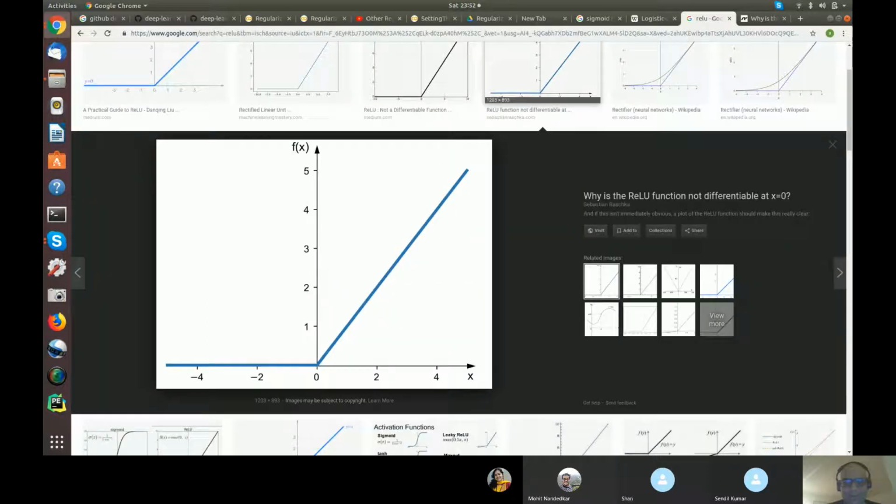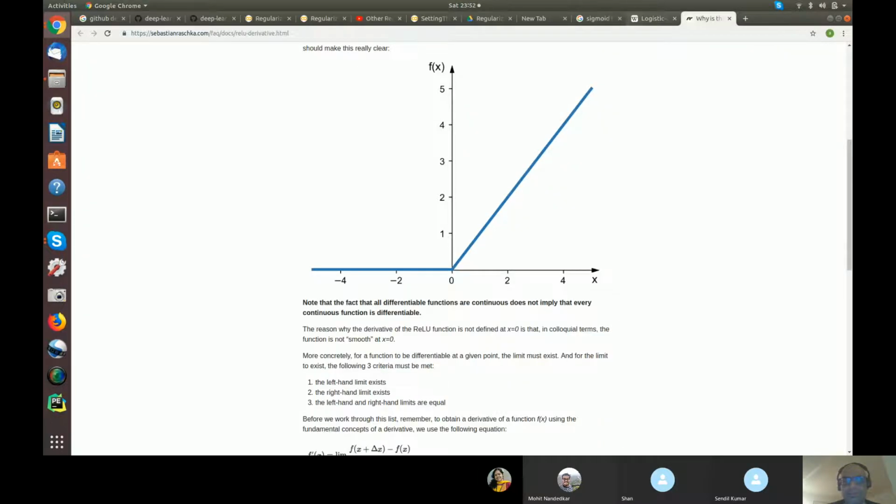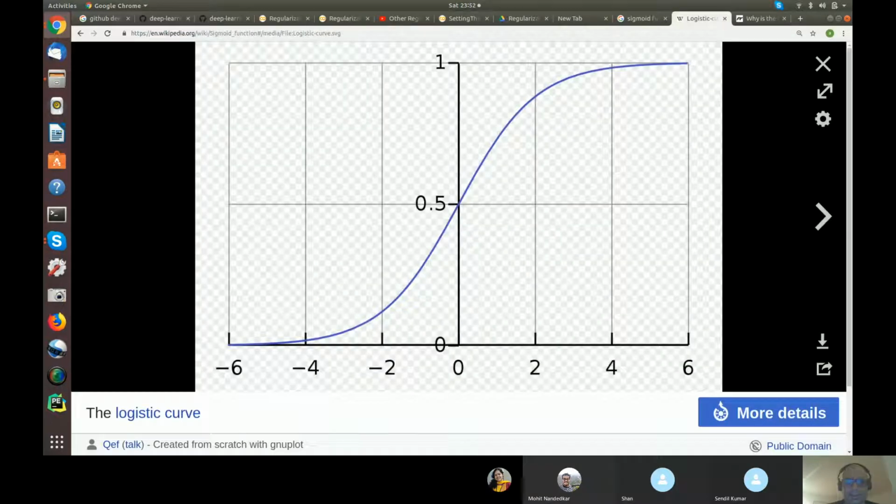The sigmoid is more of a curve. Now, there are two interesting things about regularization and neural networks.